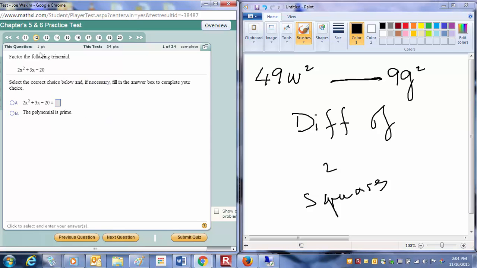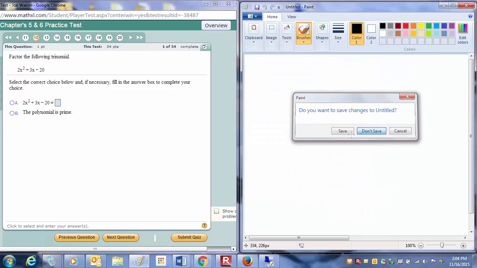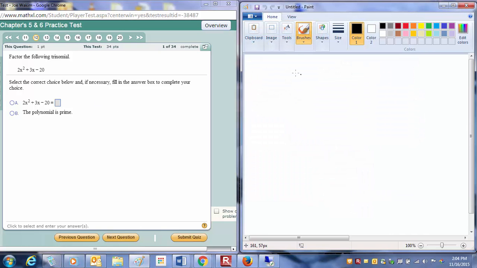Let's go to 12. Factor the following trinomial. So we have 2x squared plus 3x minus 20. Since there is no common factor, I'm going to open parentheses.